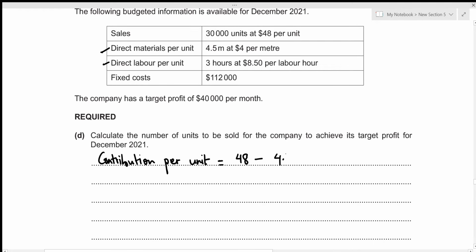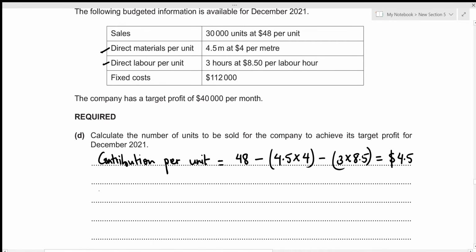So that's just going to be 4.5 into 4. Then the direct labor per unit is going to be 3 times 8.50 because each product requires 3 hours of direct labor and each hour of direct labor costs $8.5. So that's just going to be 3 into 8.5. So this gives us the contribution per unit of 4.5.